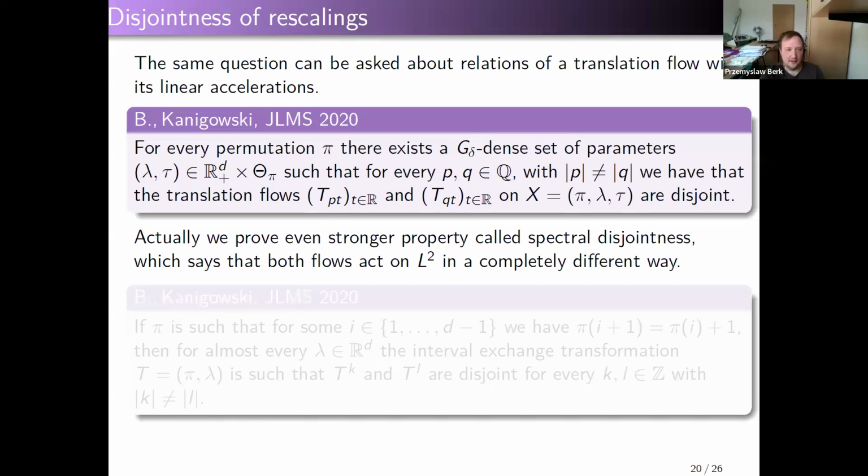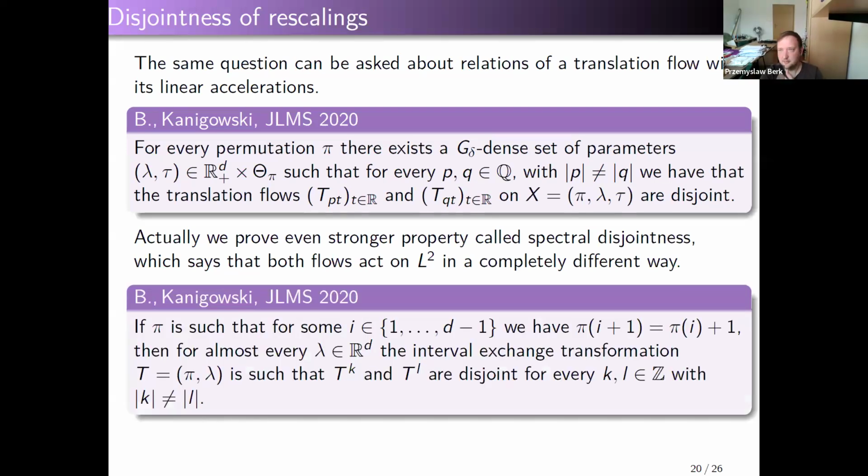And in the same paper, using almost the same methods, we prove that if you consider an interval exchange transformation and assume something about the permutation, which tells you that you have two intervals which basically travel together, so your permutation takes two of the intervals in the upper row and shifts them together by the same amount, then all the different iterations, for example acting by your interval exchange 2 times and 3 times, are, for a typical parameter, and here it's really a full Lebesgue measure set of parameters, disjoint, and here also spectrally disjoint.